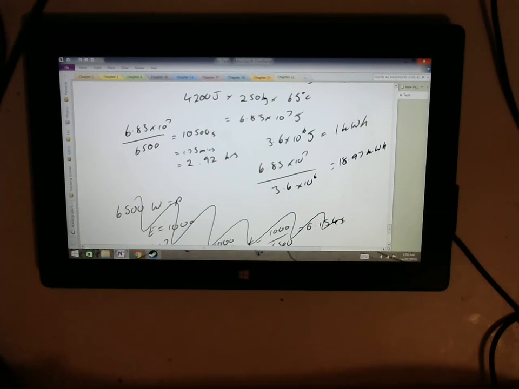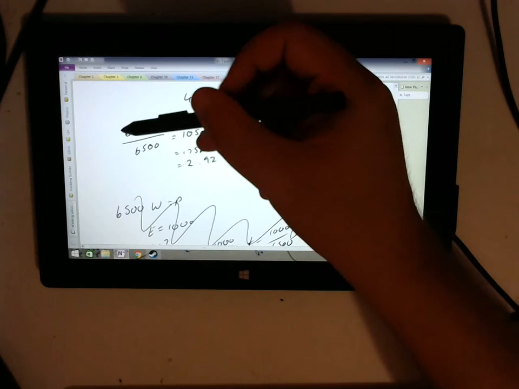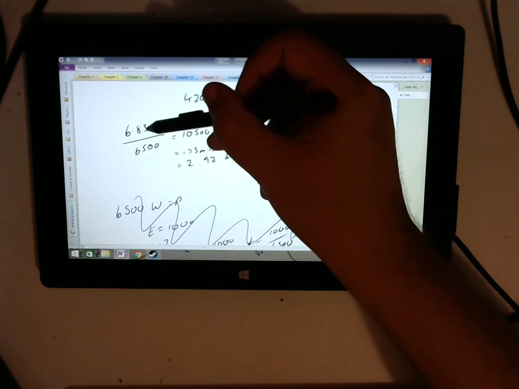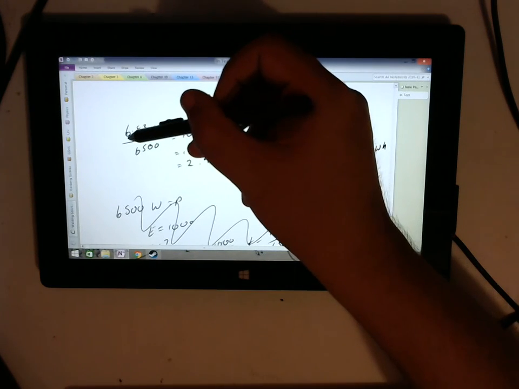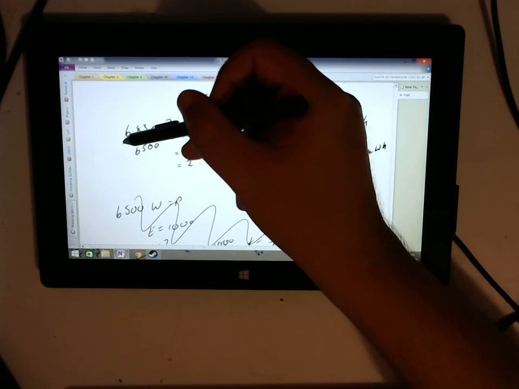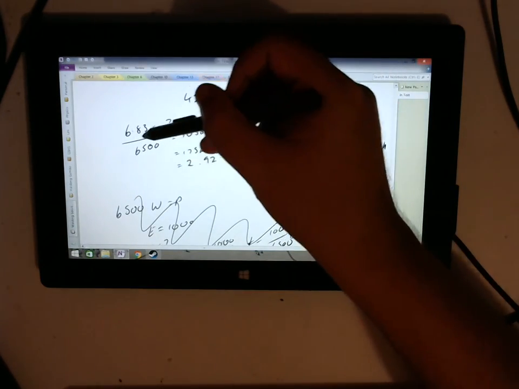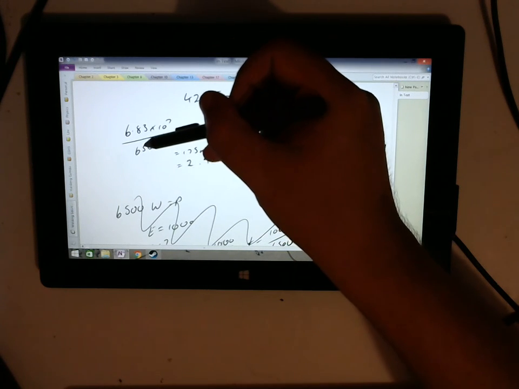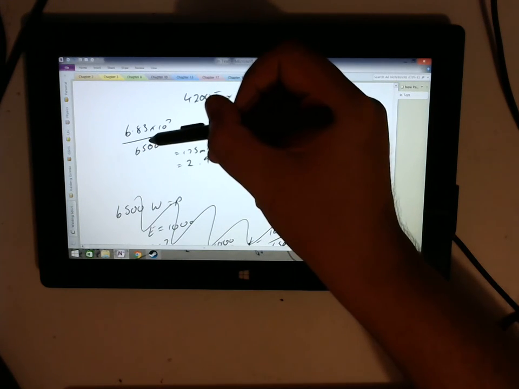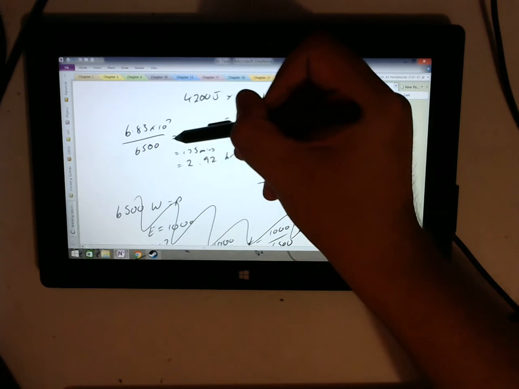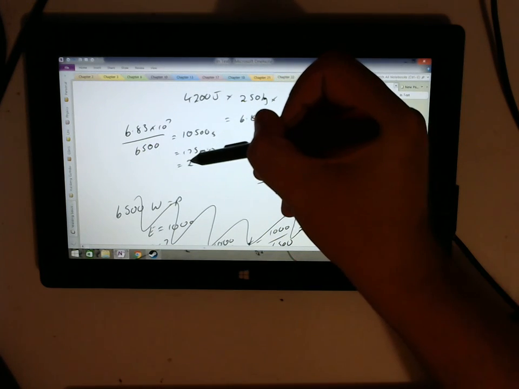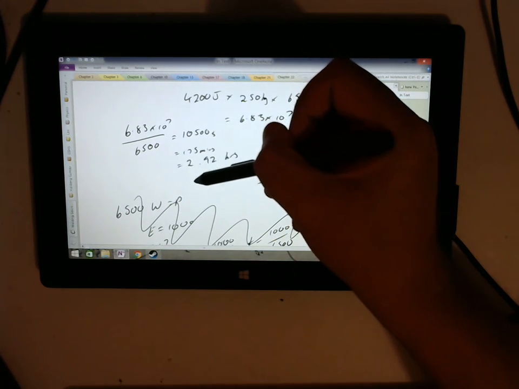Oh, alright. So before, what I've used over here is the amount of energy that it takes to heat up this thing, and I've divided it by the kilowatts, and by using that I've worked out the amount of time, 2.92.